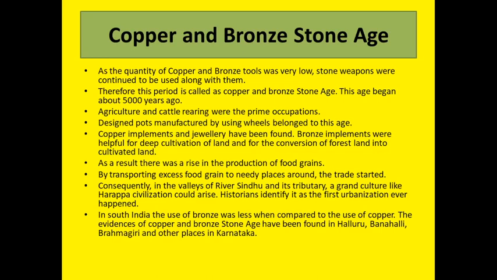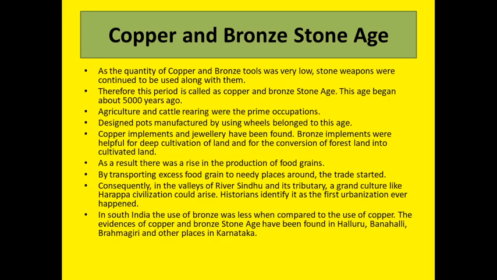Bronze implements were helpful for deep cultivation of land and for the conversion of forest land into cultivated land. As a result of this, there was a rise in the production of food grains. By transporting excess food grains to needy places around, trade started.